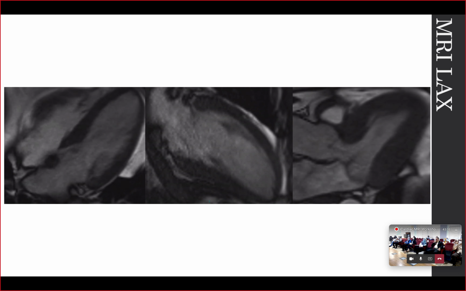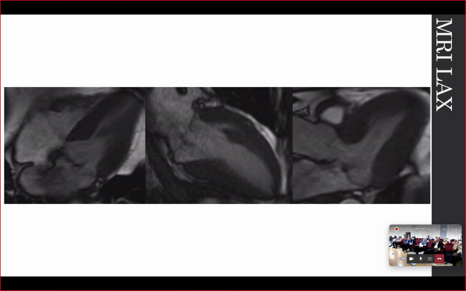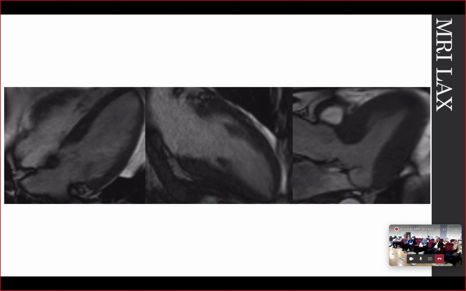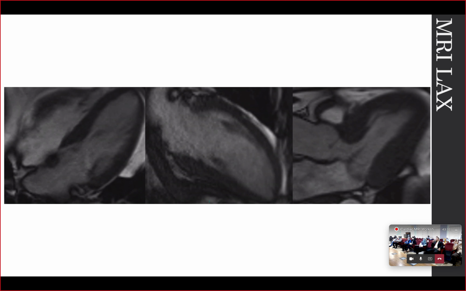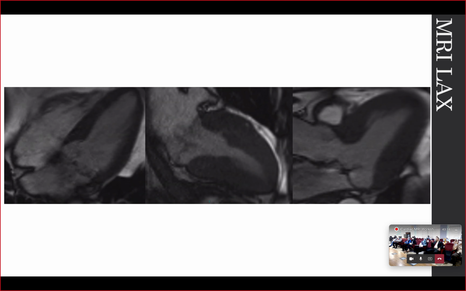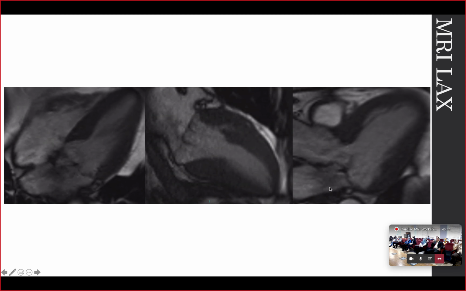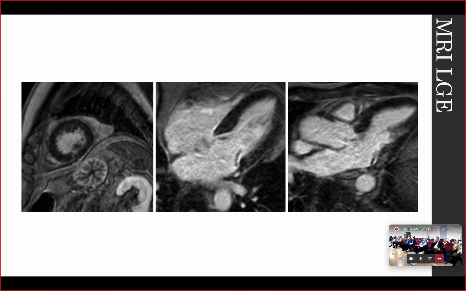And if you remember that the history said there is a positive history of HCM, but would the audience think that this patient has HCM? So the patient didn't have HCM, as a matter of fact, but let's discuss the images on static views.